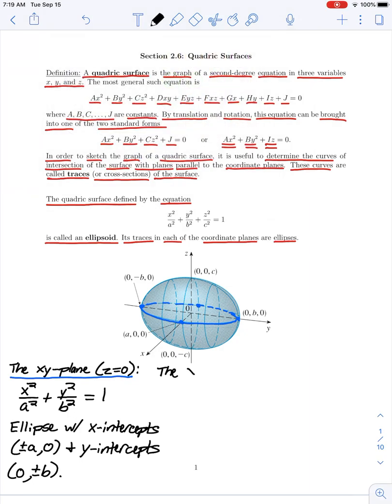Or maybe I'll start with the xz plane. So the xz plane is the plane defined by y equals 0.